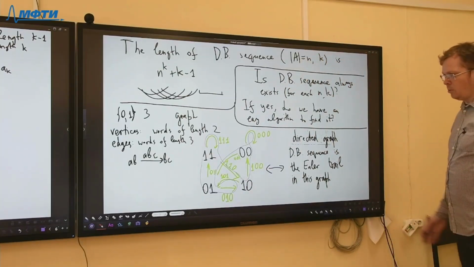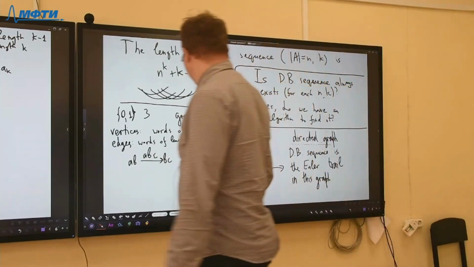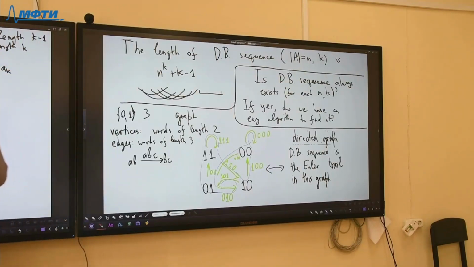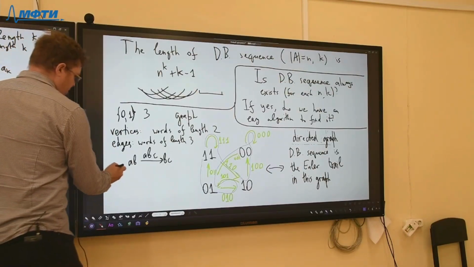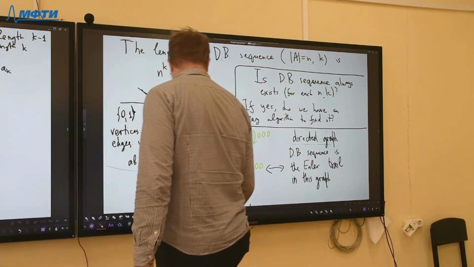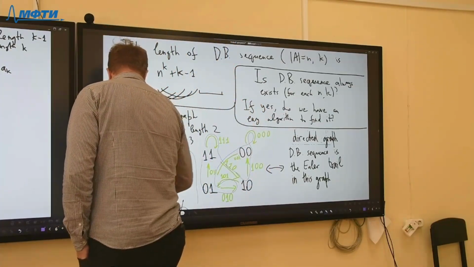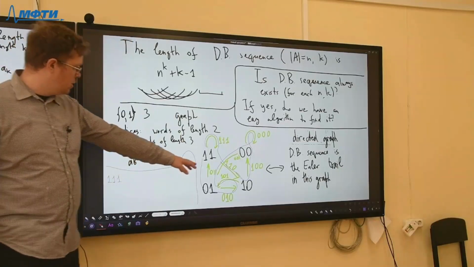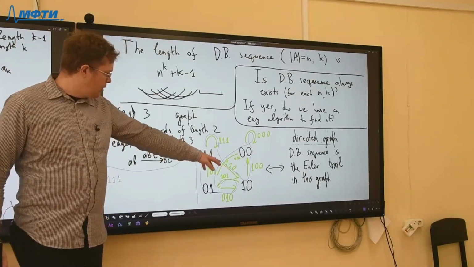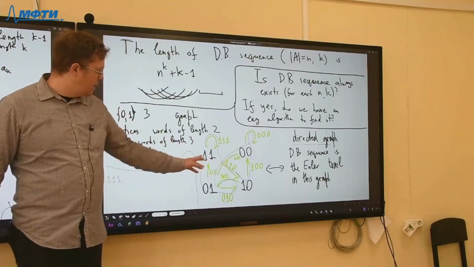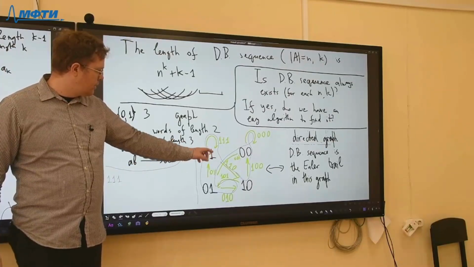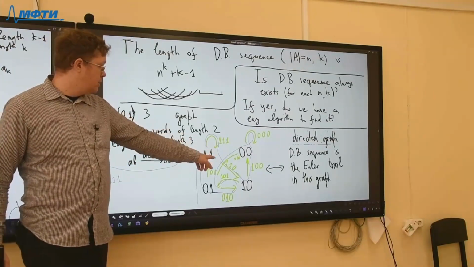And then we will write this trail, and from the trail, we can make the sequence. So we start from the edge 1 1 1. Then we continue to the edge 1 1 0. If we continue to the edge 1 1 0, it means that they have something in common: the end of the first edge is the beginning of the second edge.